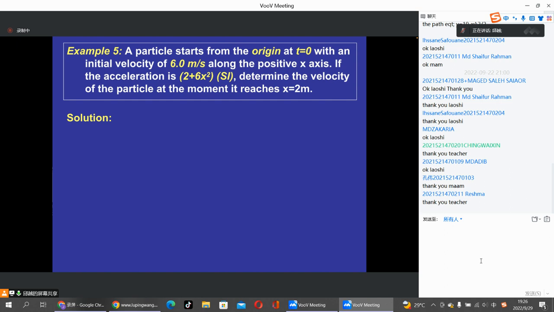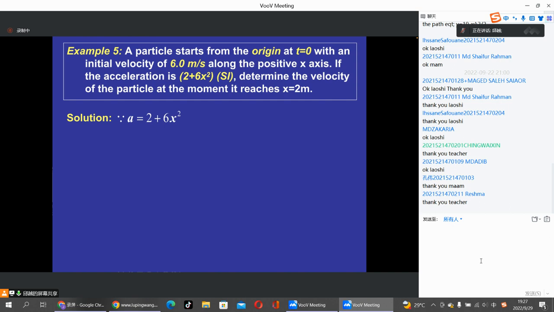So in order to determine the velocity of the particle at the moment it reaches x, we have to find the basic ideas of how the particle moves. Okay, let's see the solution.